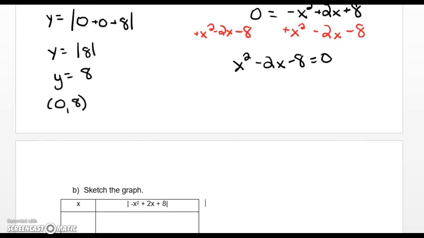All right, so now we can go ahead and start to use our shortcut for factoring. So we have to look at our product and our sum. Our product here is your first and last term, so that's -8, and your sum is this middle term, which is -2. So you want to think of two numbers that multiply to -8, but have a sum of -2. So that means our numbers there are going to be -4 and +2.